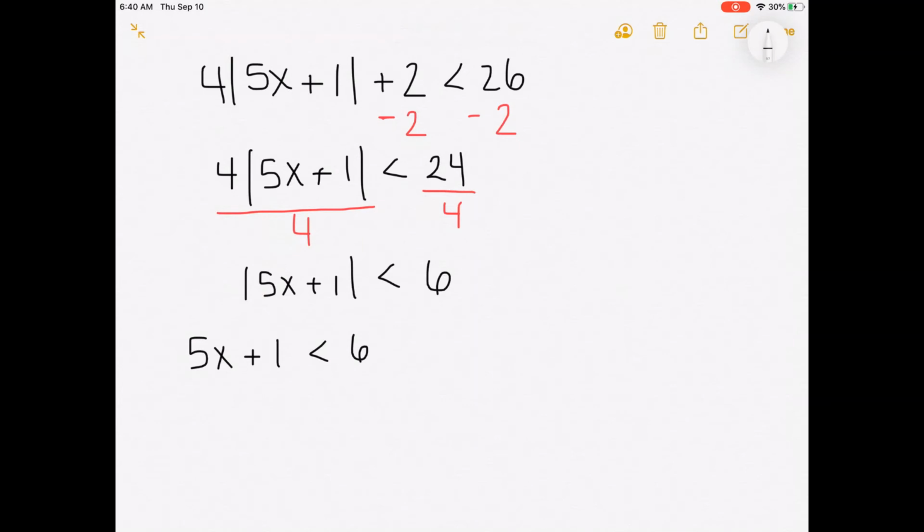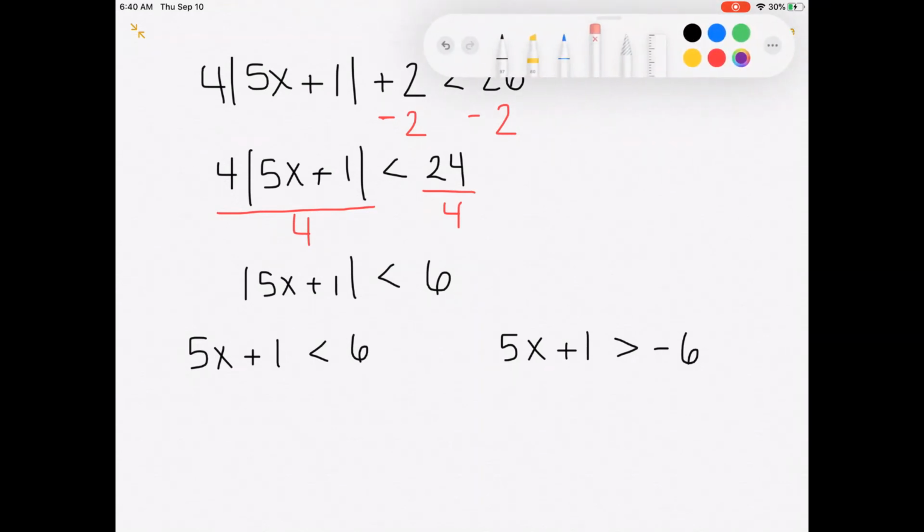The other possibility is that 5x plus 1 is strictly greater than negative 6.